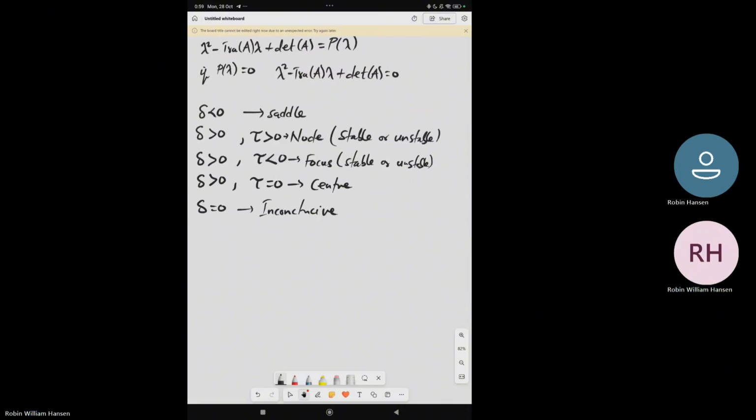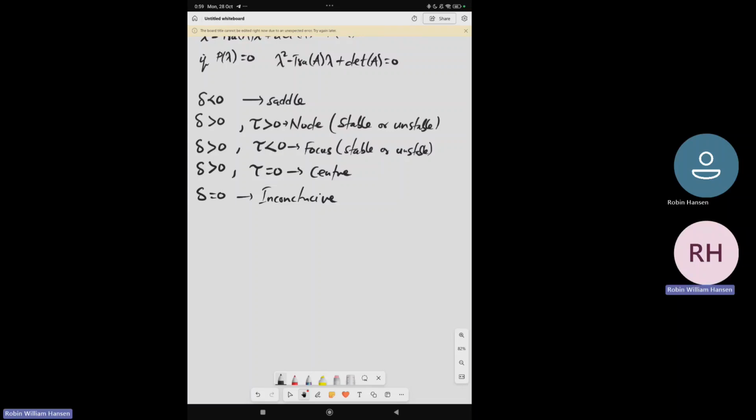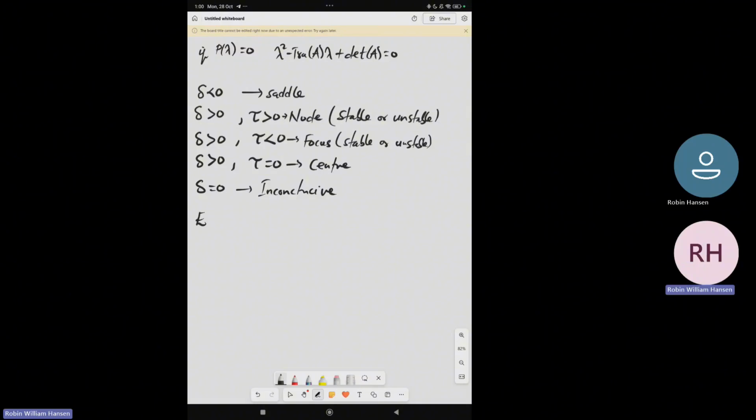Now, when we look for the values of lambda, we are actually calculating the eigenvalues. And from the eigenvalues, we can find our eigenvectors. So our lambda is what will allow us to find our eigenvectors.